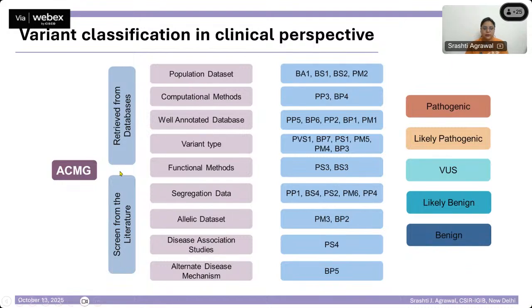But the basis remains the same: we annotate the variants and gain information about the population frequencies, the computational predictions, the variant type, the functional data, and the segregation data from the literature. This kind of information is collected, and then we classify the variant according to different criteria that are given for each of these annotations.